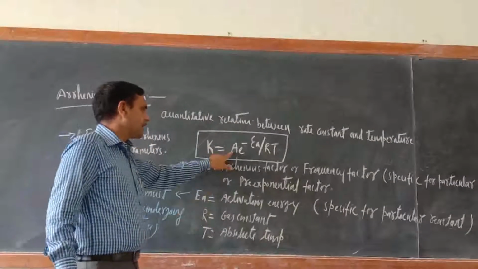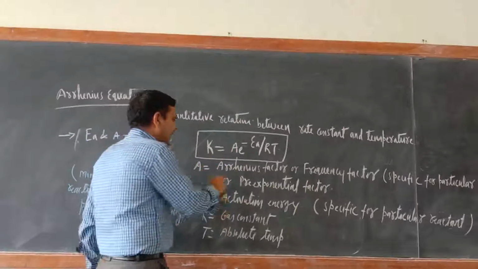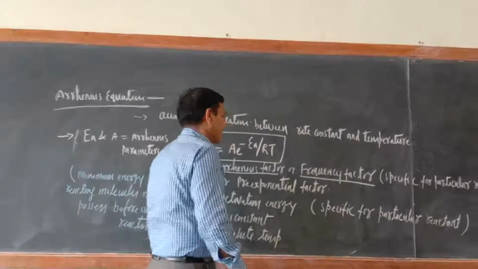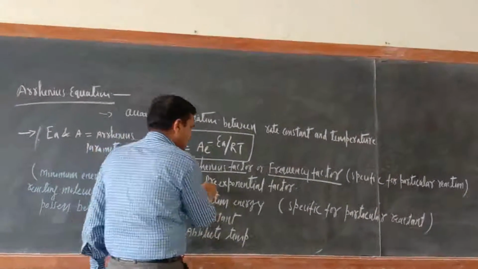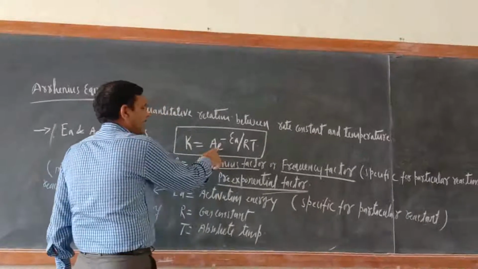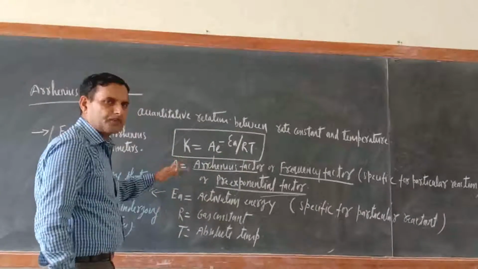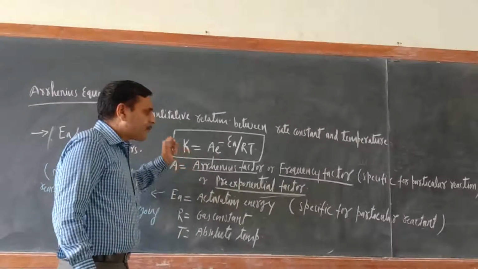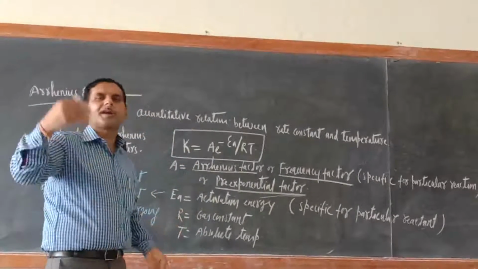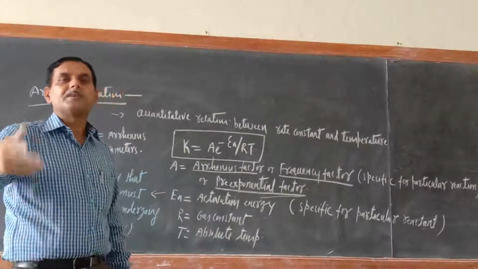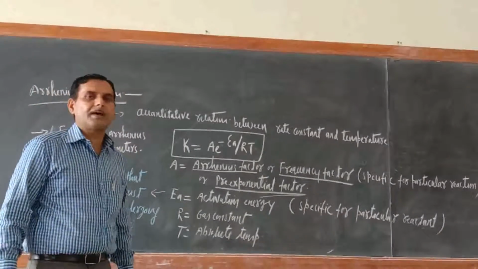What is A here? A is known as Arrhenius factor or frequency factor, or this is also known as pre-exponential factor because it is before the exponent. That is why it is known as pre-exponential factor. Remember, frequency factor we have already discussed. With the rise of temperature, what is happening?